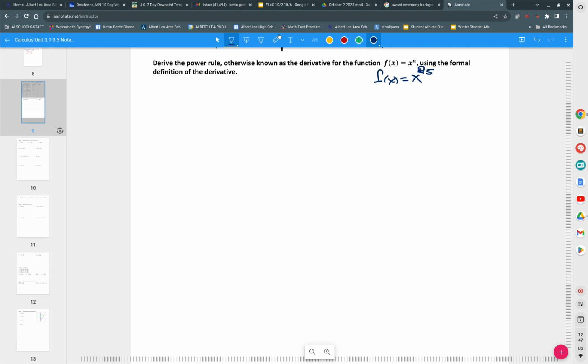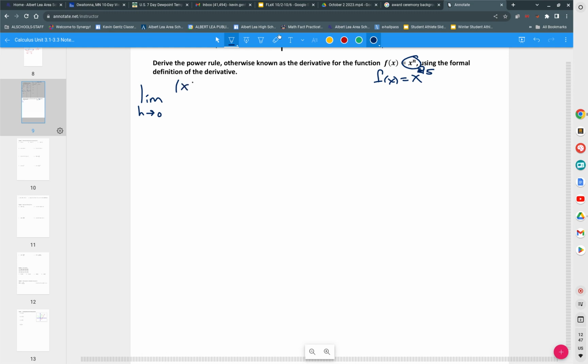Okay. So let's use our intelligence that we have about calculus to come up with something cool. We have the limit as h goes to 0 of, so I'm going to use x to the nth. What do we plug in for x?